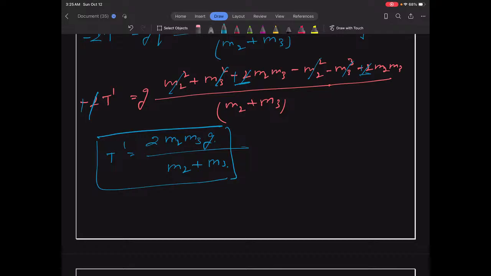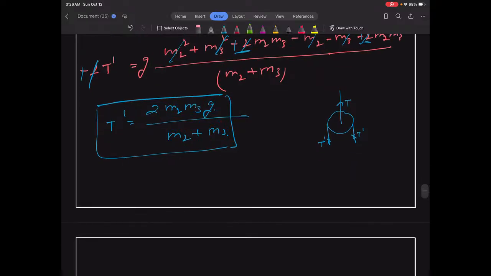So we got the tension in the, you can say, lower beam, lower strings. Okay, so let me draw it here, and we said that at this point tension is our T, and here tension is our T prime, and on the side also is our T prime.